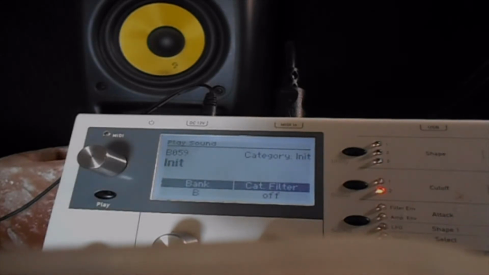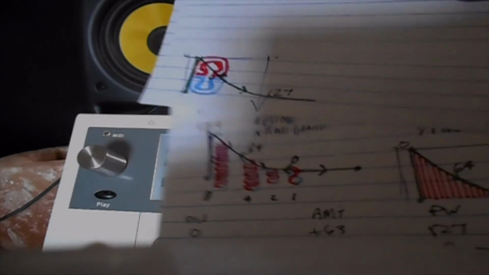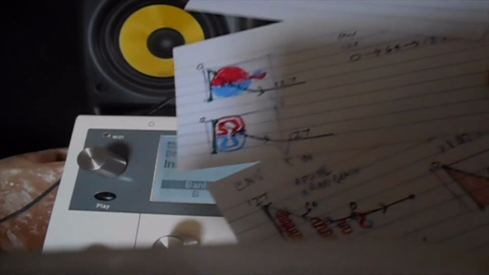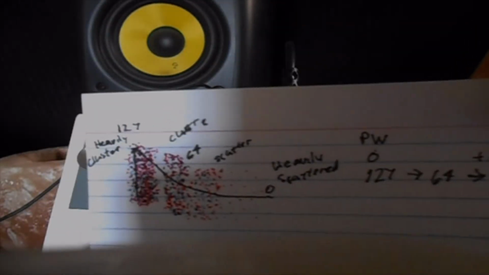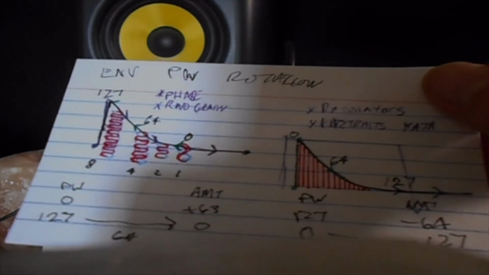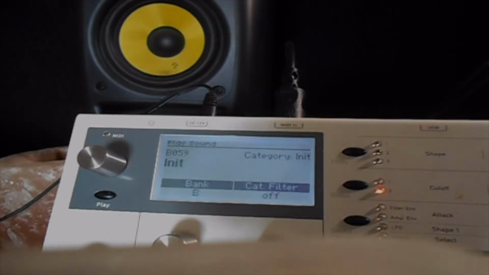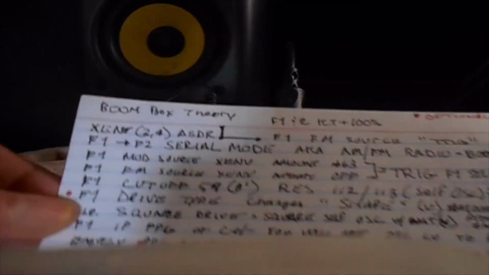We're also gonna talk in later videos about how to use envelopes to mess with resonators and other shapes and grain to spread it out along the envelope, phase and all that. But today we had to talk about this free giveaway, how to use it, this bandpass radio theory, the boombox theory.